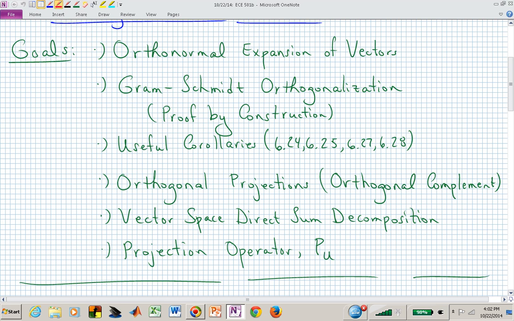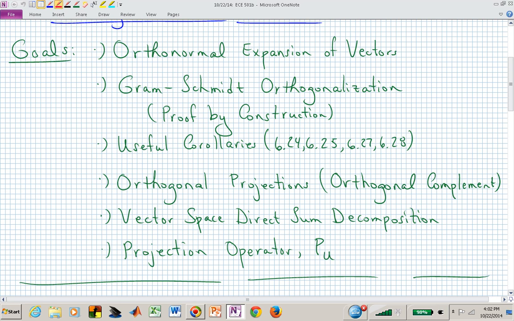We have now, this is our list in this orthogonality or orthogonalization lecture. We'll look at orthonormal expansion of vectors, which really means we can start adding on and on and on, and if we add on, we want to go in an orthogonal direction to what we already possess or have. We will then do that more mechanically with this Gram-Schmidt orthogonalization process.